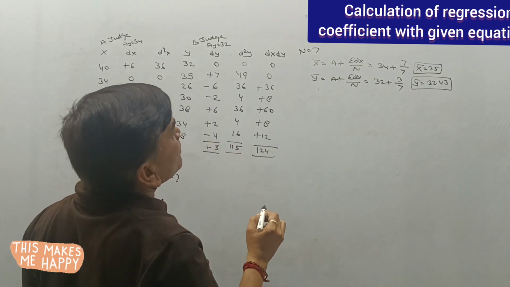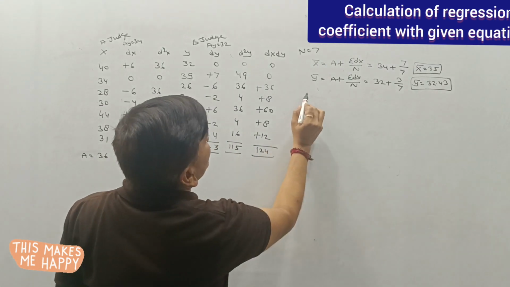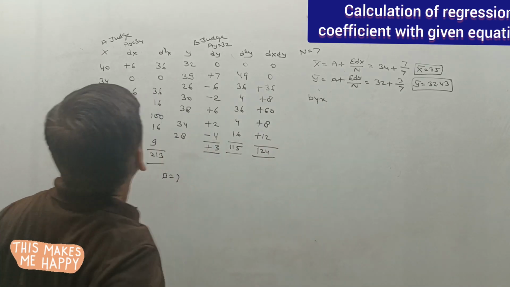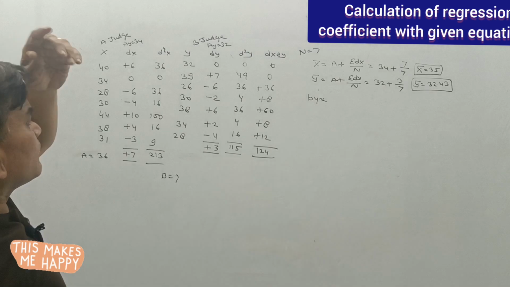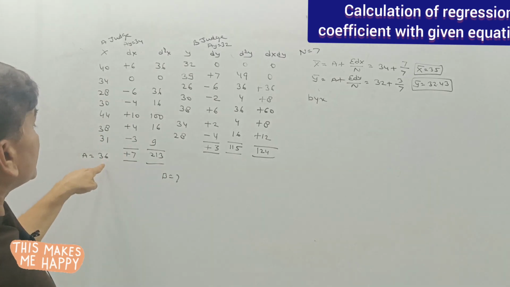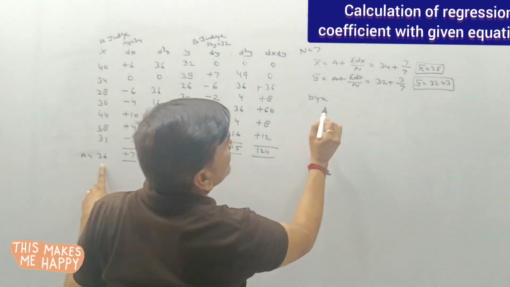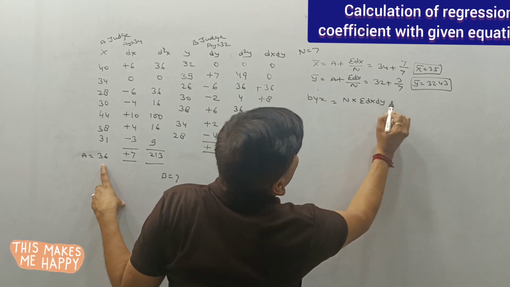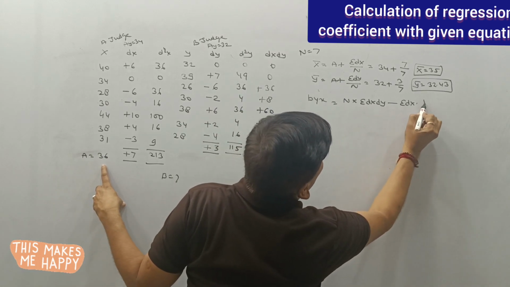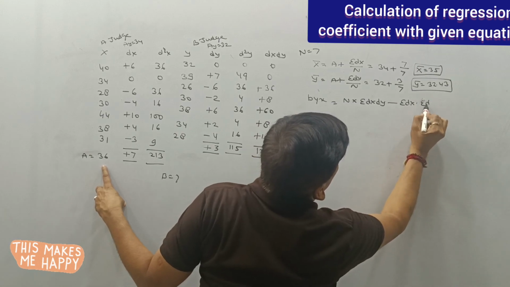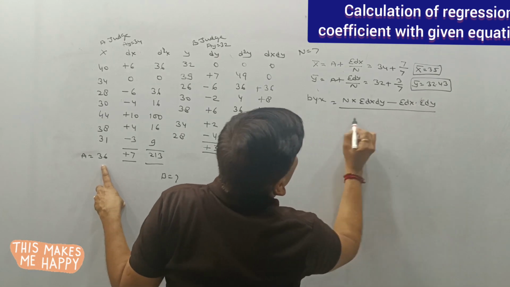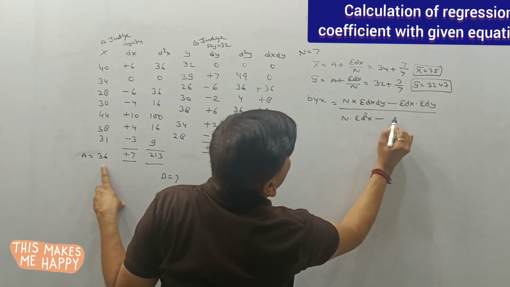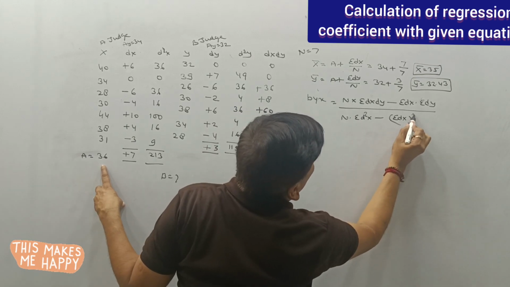Okay. Now we require byx, because we want y on x, x is given. So byx, that is n multiply sigma dx dy minus sigma dx multiply sigma dy, divided by n multiply sigma d square x minus sigma dx raised to power 2.